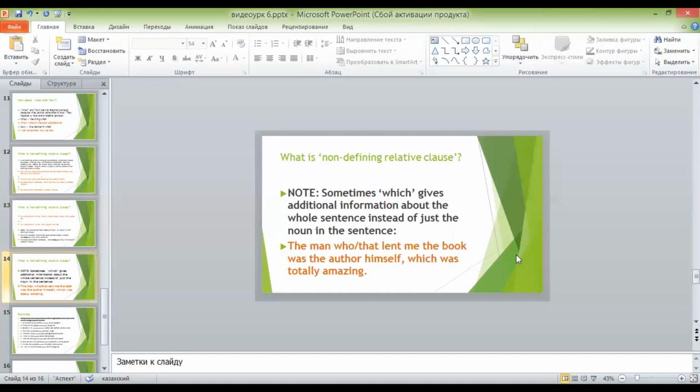Note, sometimes which gives additional information about the whole sentence instead of just the noun. The man who lent me the book was the author himself, which was totally amazing.